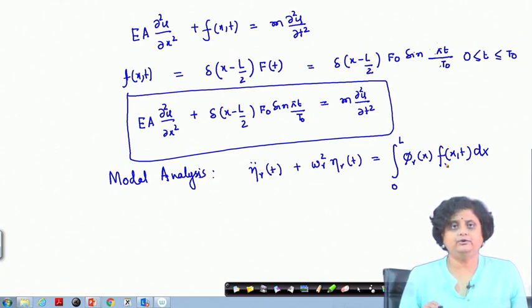It does not matter if the cross section of the bar or the beam is non-uniform, because during the derivation we made no assumption about the uniformity of cross section.